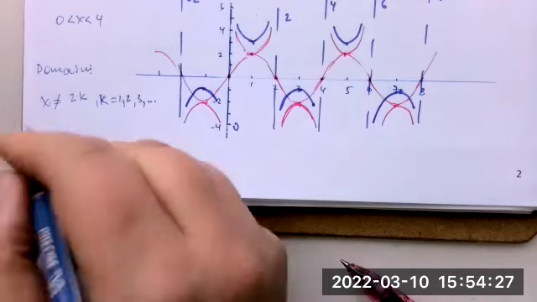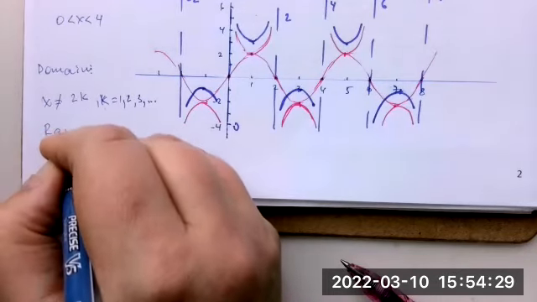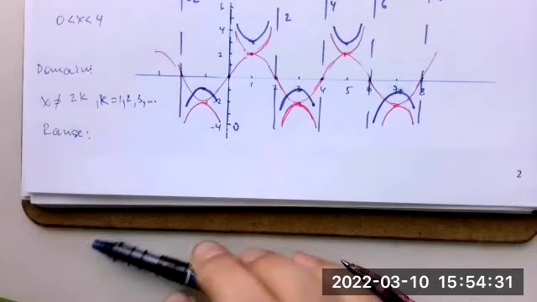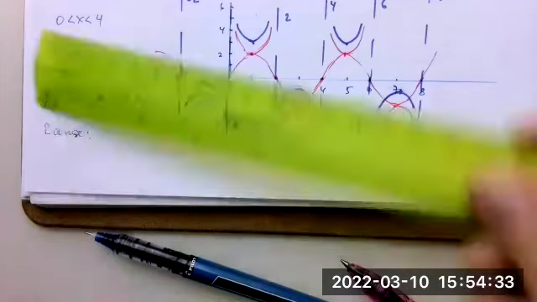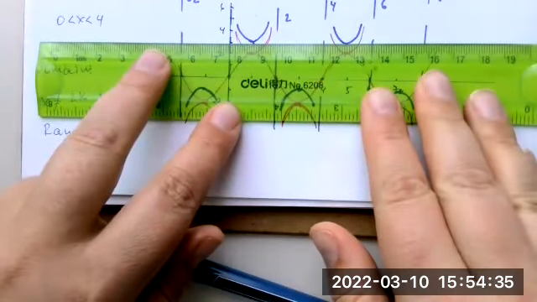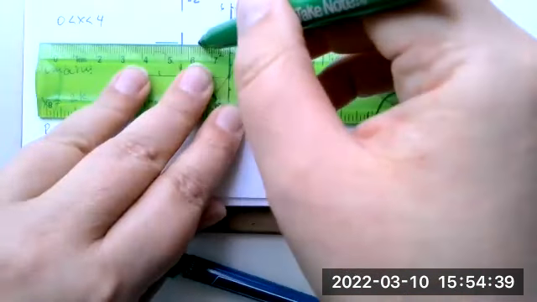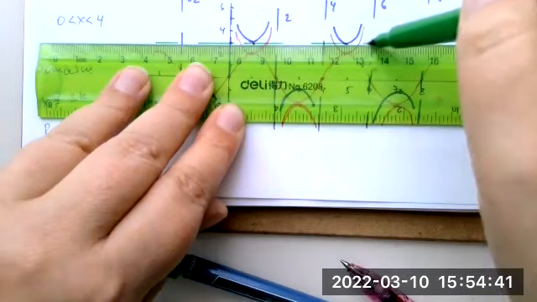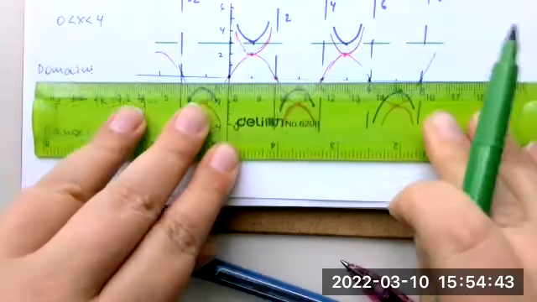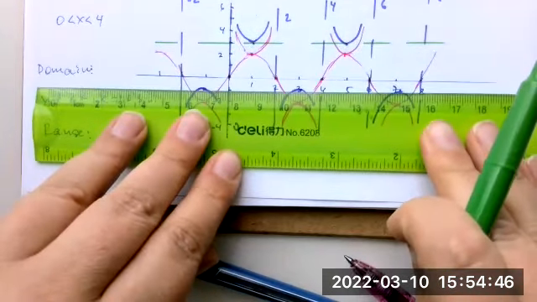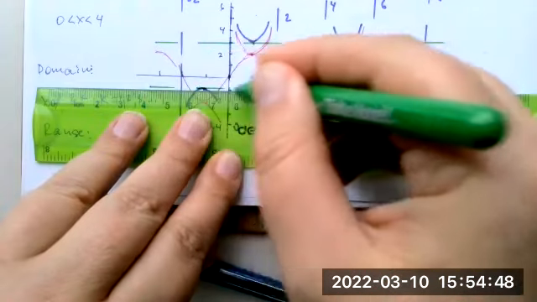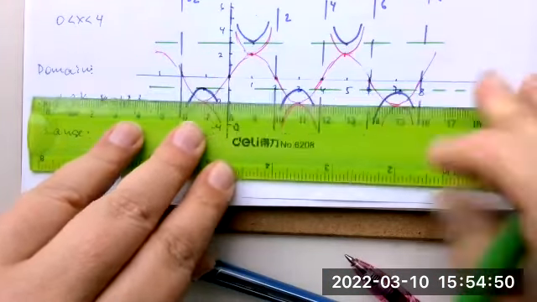Now, what about the range? Well, we can see that the upper portion of the graph is above the line y equals 3, and the lower portion is below the line y equals -1.